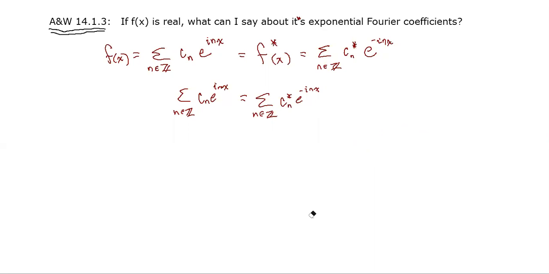And we'll make this argument a number of times: there's a coefficient, the c_n, and then there's a function of x. If this is true for every single value of x, then it must be true on a term by term basis. Only because there's this function of x, e to the i n x, can I start equating terms.